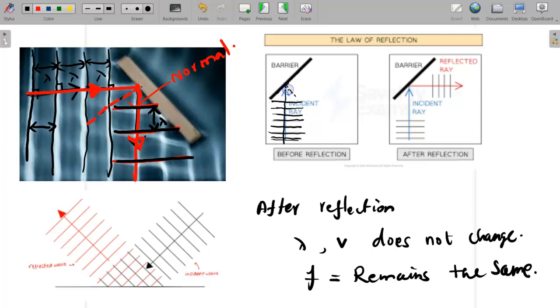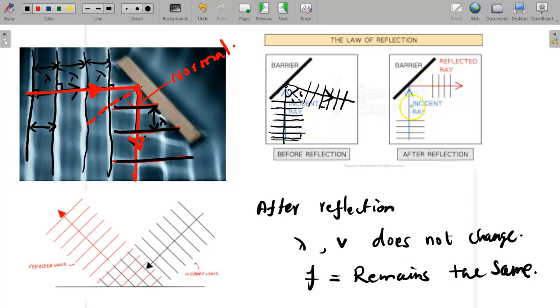This is a normal, and the angle of incidence is from the normal to the direction of wave motion, and you keep the same, and it is the reflected wave. The angle of incidence equals the angle of reflection, and again you draw the wavefront with the same spacing. The space between the two waves here and here must be the same.